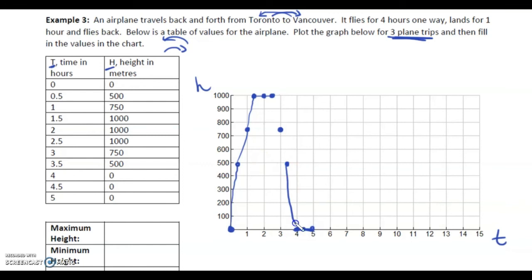It's on the ground. Okay, so if this is periodic, we're going to repeat this. Okay, so it's going up to 500, 750, 1,000, 1,000, 1,000, 750, 500, and then back down for an hour.